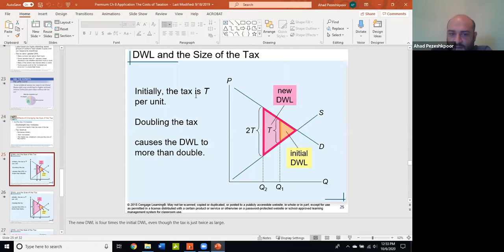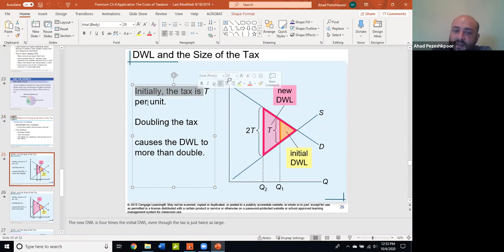You can see here, initially the tax is T per unit. If you double it to 2T, your deadweight loss will be bigger, causing the deadweight loss to more than double. You increase your taxes by 100%, but your deadweight loss actually increased by more than 100%.